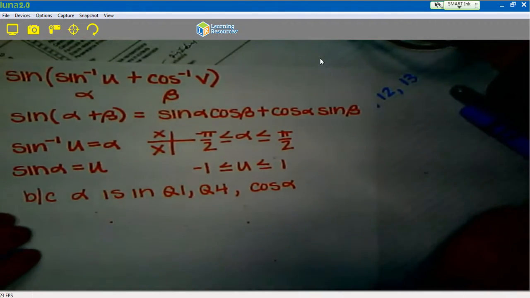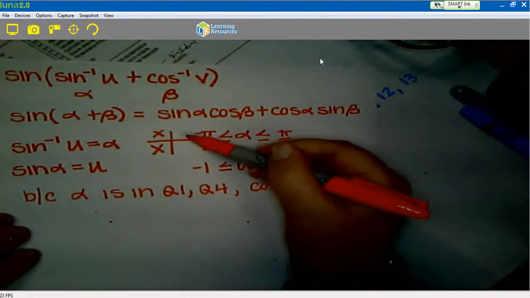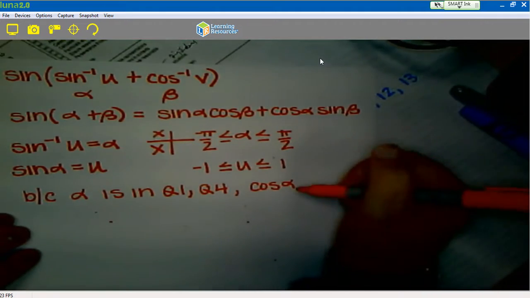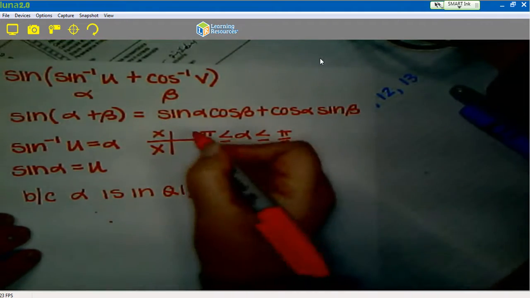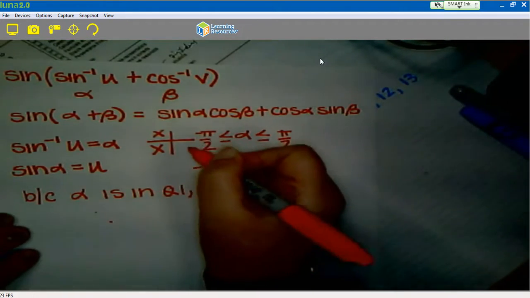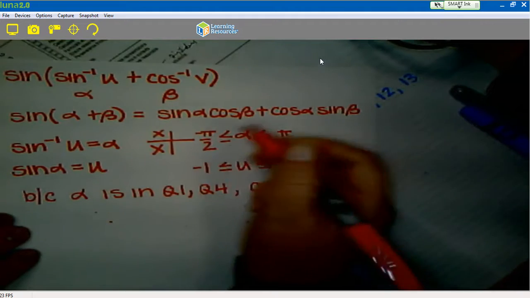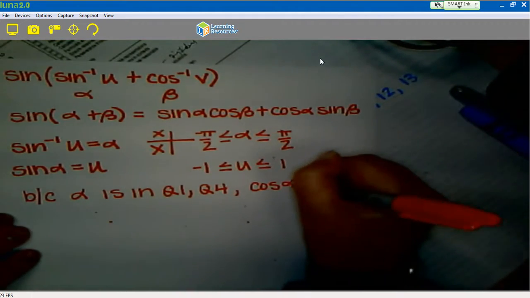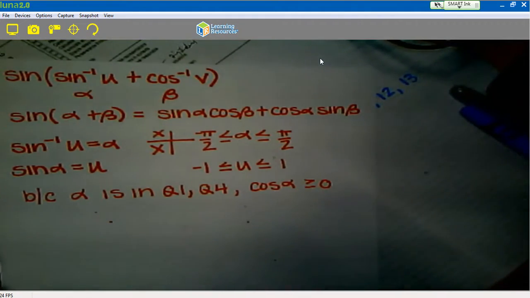Cosine of alpha has to be what? If we're in 1 and 4, it means that cosine has to be positive. All students take calculus. So they're all positive in 1, cosine is positive in 4. So the cosine value has to be greater than or equal to 0.